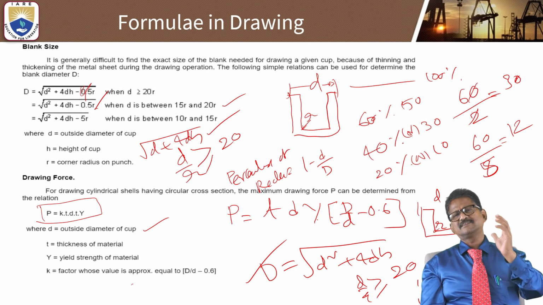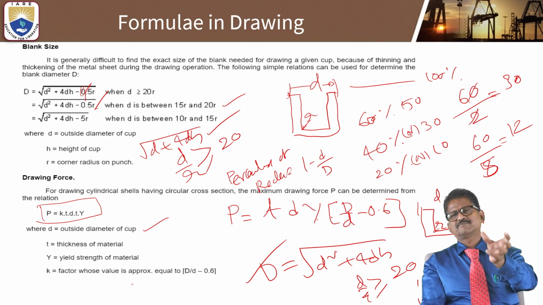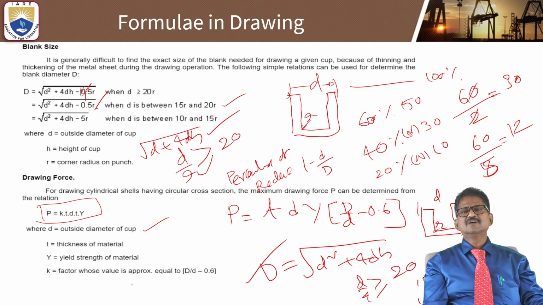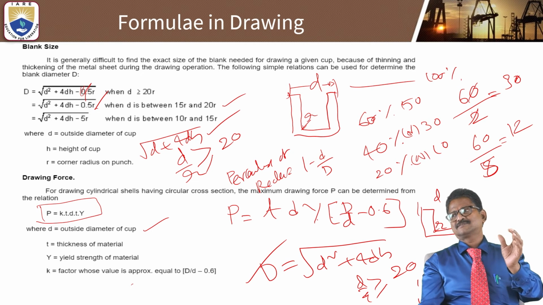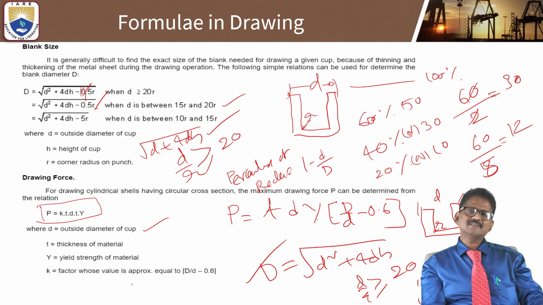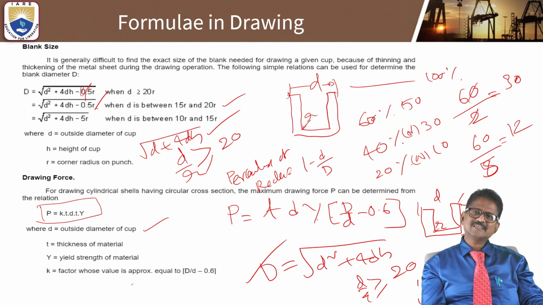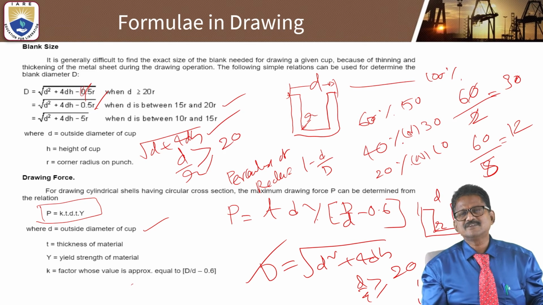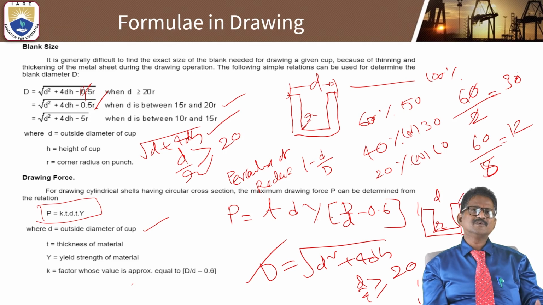The yield strength is that of whatever metal is used, such as a non-ferrous metal or copper. And 0.6 is deducted for extra material, trimming and wrinkling that will occur. These are the standard design values we can use when designing this component, and this is how you solve simple problems using deep drawing.